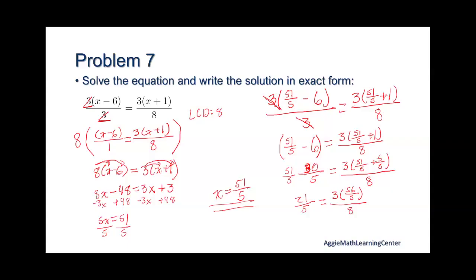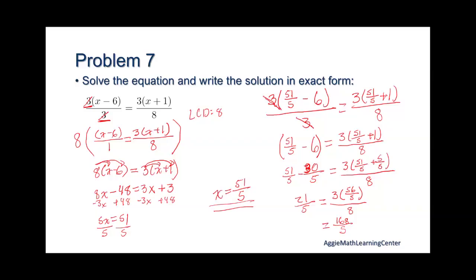So then we can find the lowest common denominator again? No, we're only multiplying and dividing, so we're not going to need to find another common denominator. The 21 fifths is going to stay 21 fifths. There's no way we can simplify it. You're going to end up multiplying your 3 through your 56/5, which is going to equal 168 over 5.